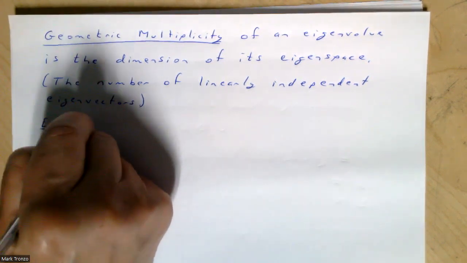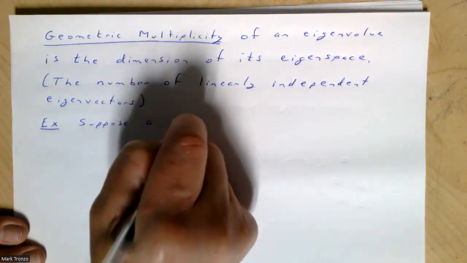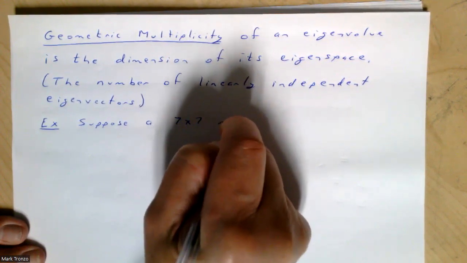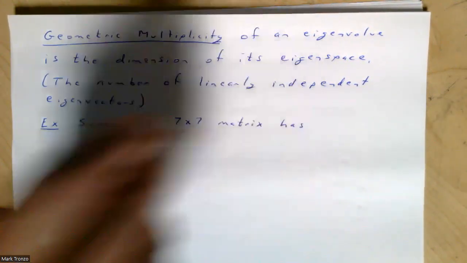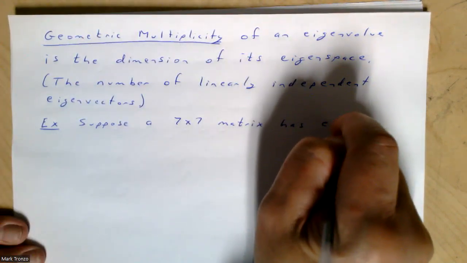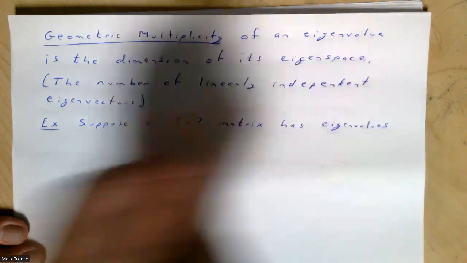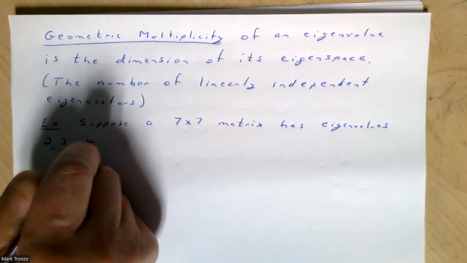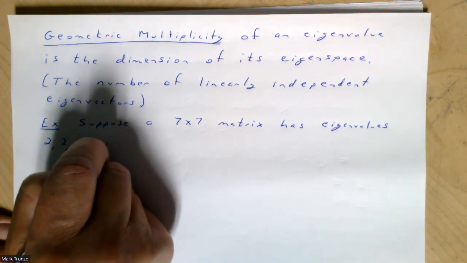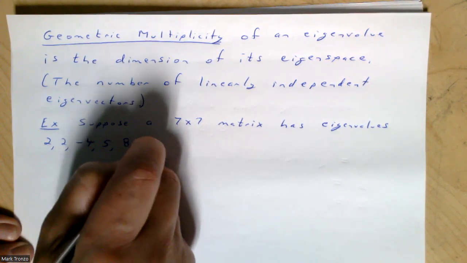So suppose a 7x7 matrix has eigenvalues, let's say 2, 2, -4, 5, 8, 8.